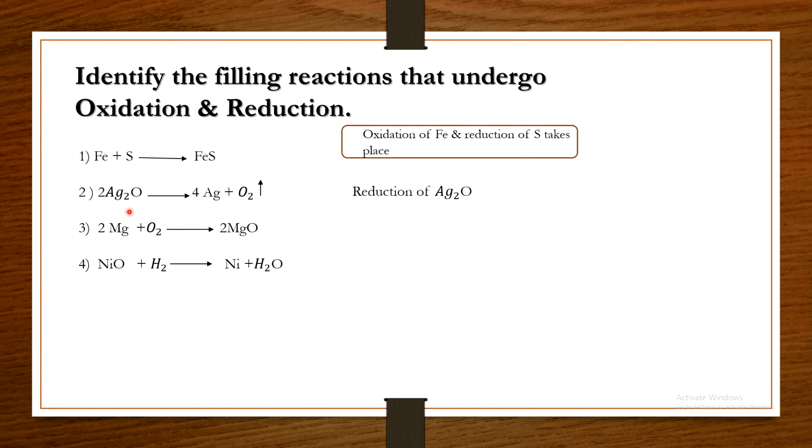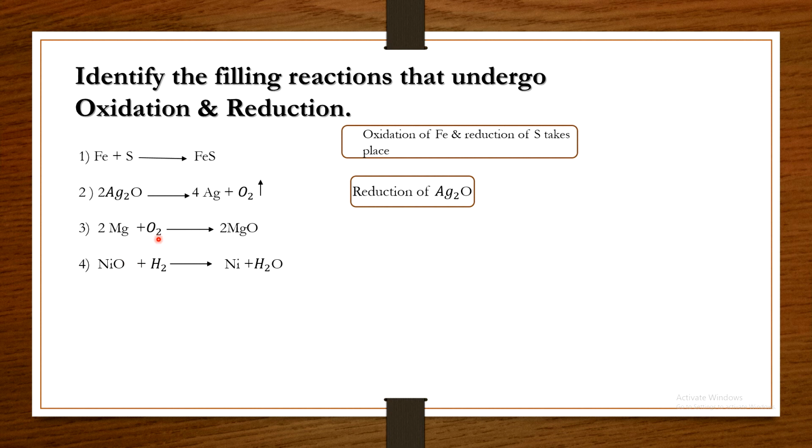Now here is silver oxide. It forms silver, and oxygen gas is released. That means it loses oxygen, so it is called a reduction reaction: reduction of silver oxide.